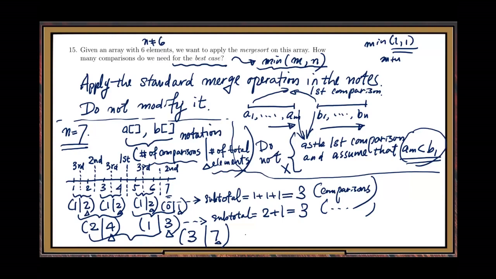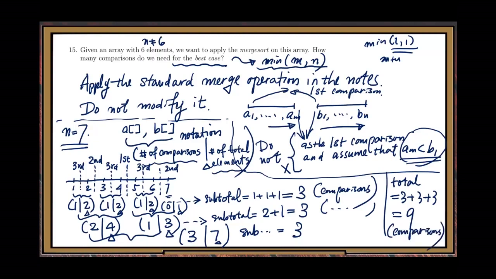So the subtotal is also 3. So at the end, we calculate the total. Equals 3 plus 3 plus 3 equals 9. So that's the final answer, 9 comparisons.